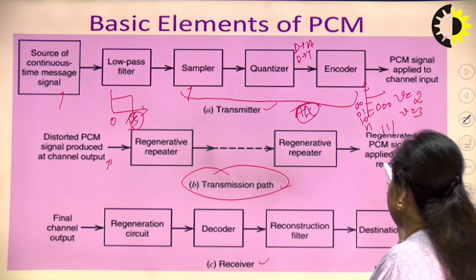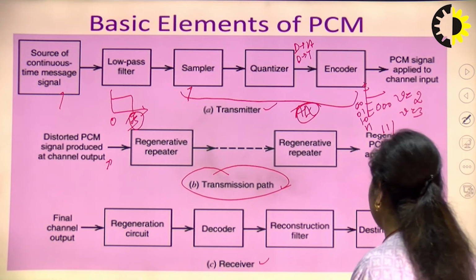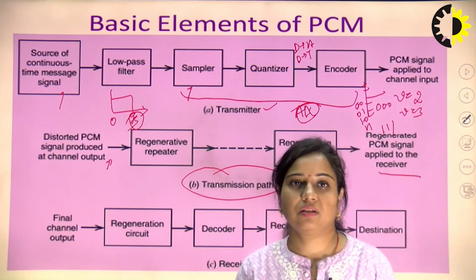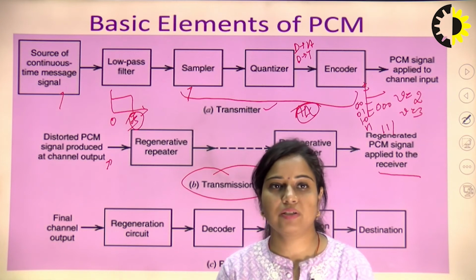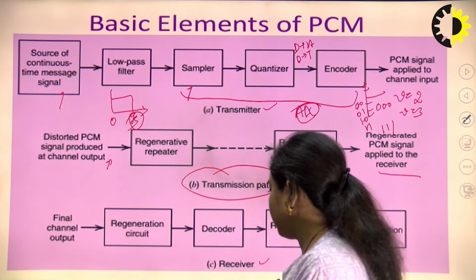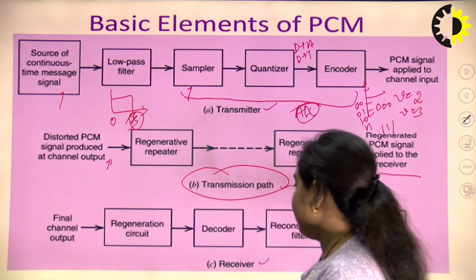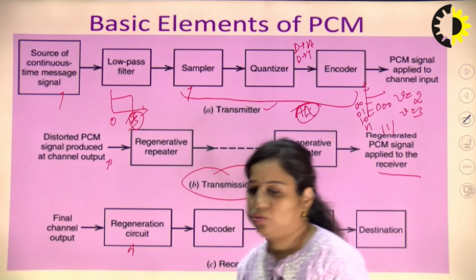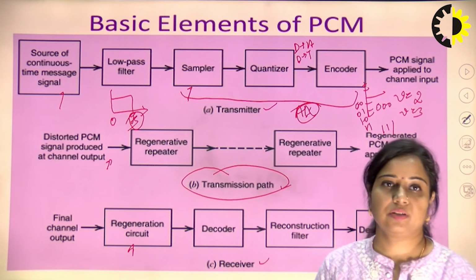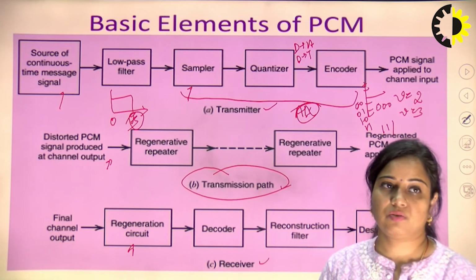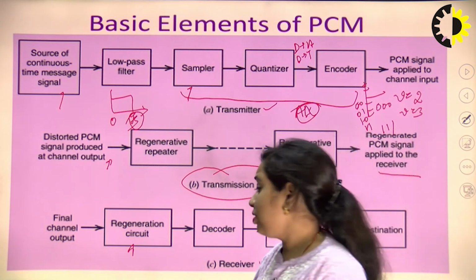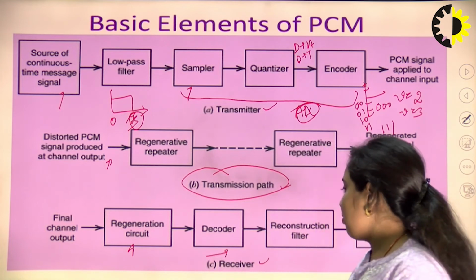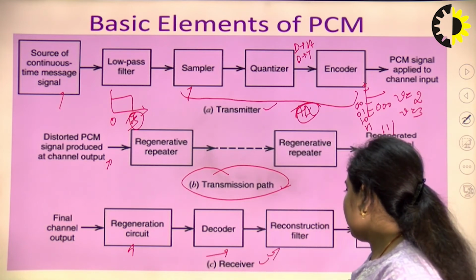Now, after this, the PCM that we have received at the receiver input will be of good quality, with no noise component present in the signal. So, the final channel output will be there, then this is a regeneration circuit. Whatever remaining noise is there can be removed by this regeneration circuit, then it will be passed through a decoder. After this decoder, there will be a reconstruction filter.